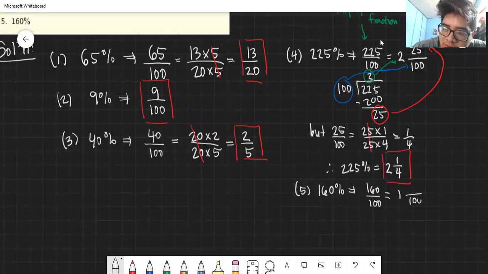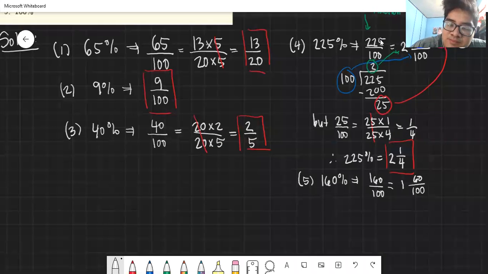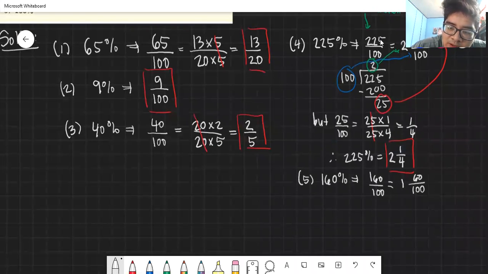Tapos lagay mo yung denominator, 100. Kung may isang 100, subtract mo sa 160. 160 minus 100 is 60. Tama ba yun? Okay, so 1 and 60 over 100. Ngayon, kung nalilito kayo, 160, 100, subtract, 60, tapos yun.